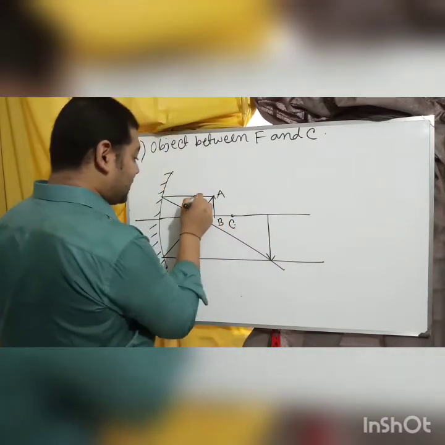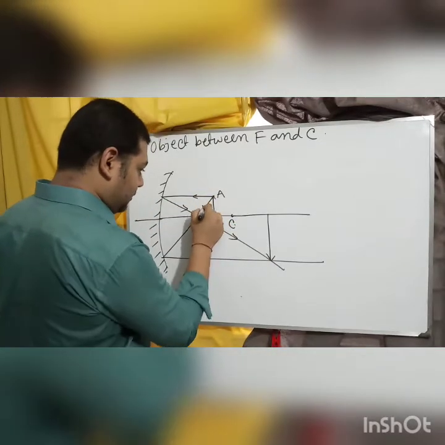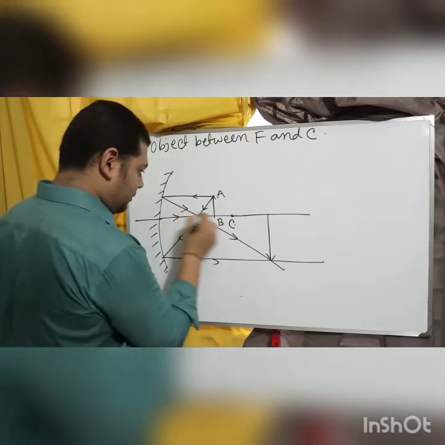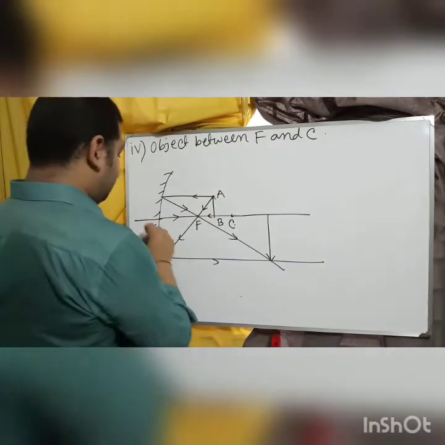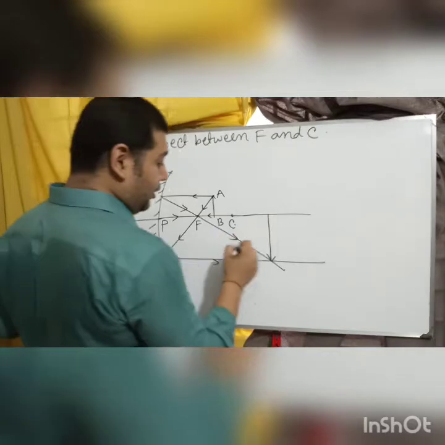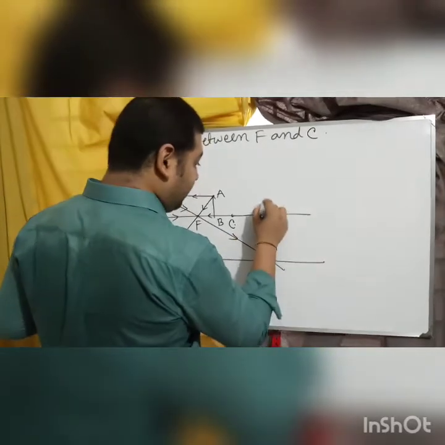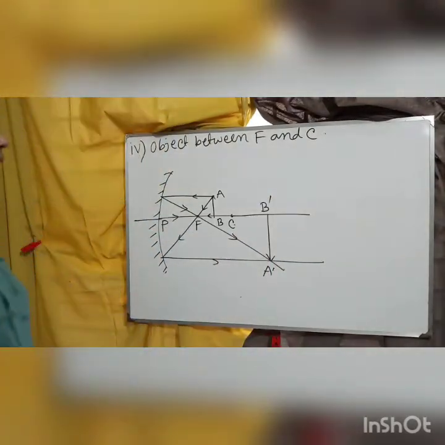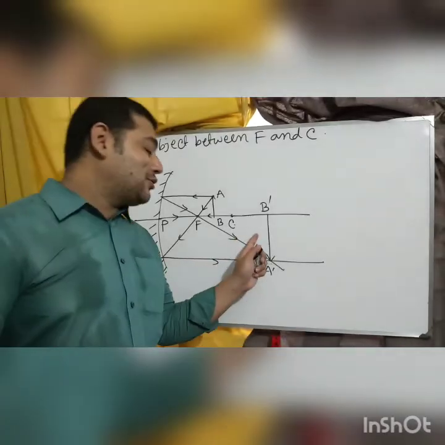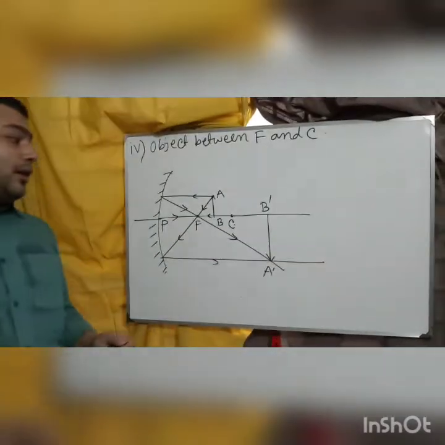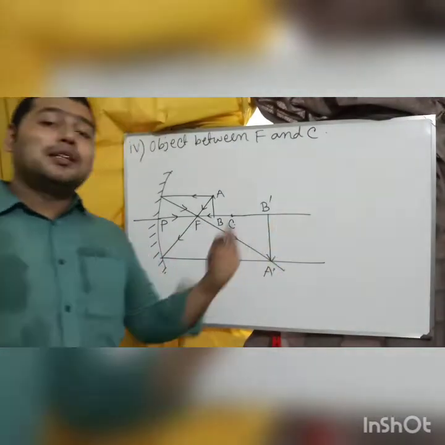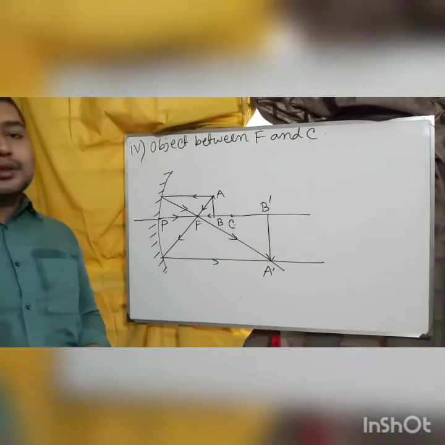AB is our object, this is the pole, and A prime, B prime is our image. So the image is situated beyond the center of curvature.